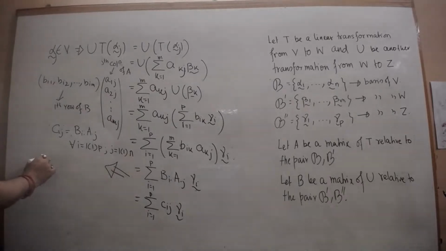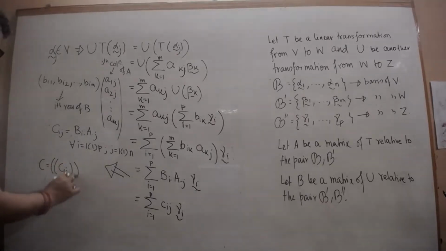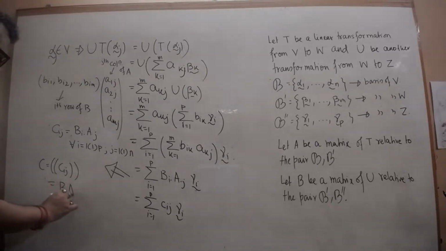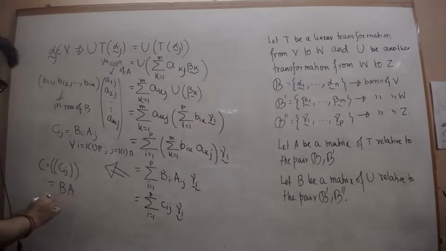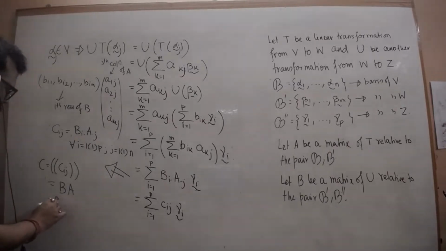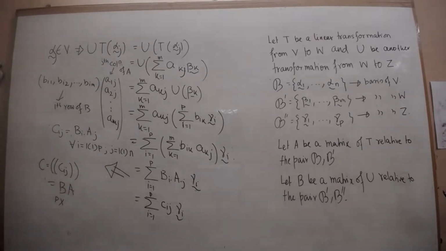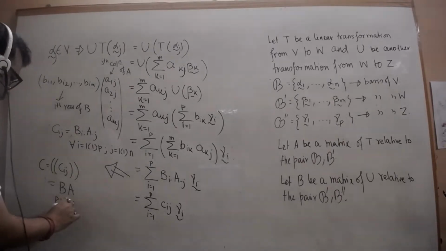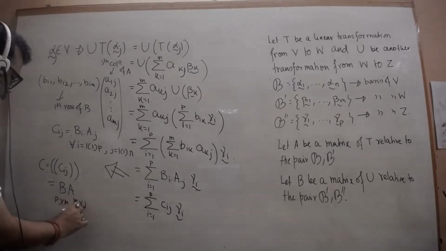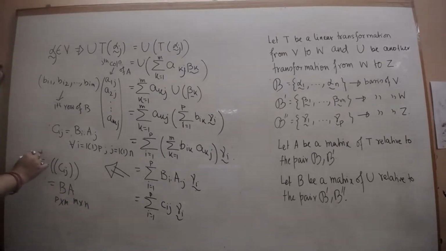So C, the matrix, is the matrix c_ij. This is nothing but a product of two matrices whose orders are p cross m and m cross n.